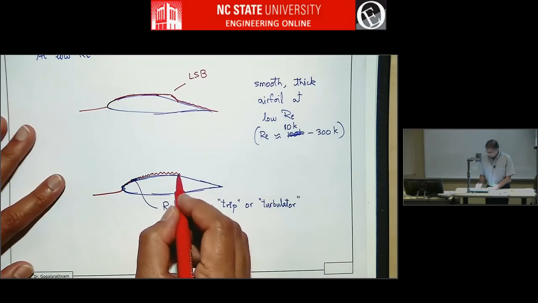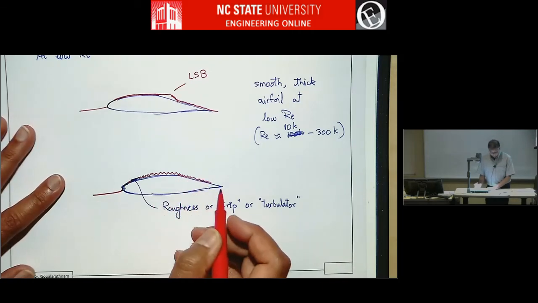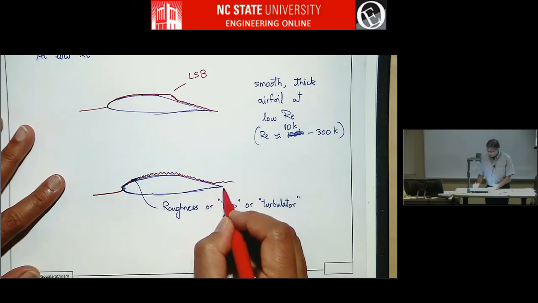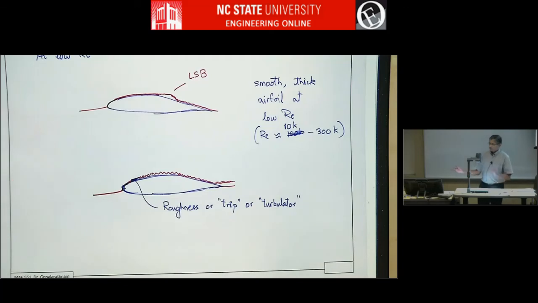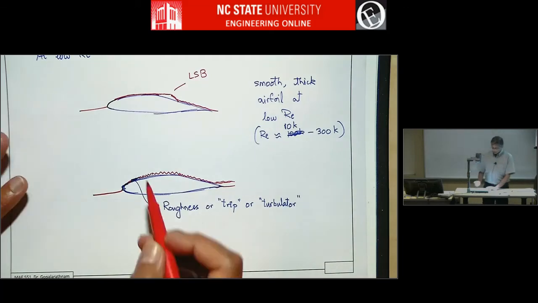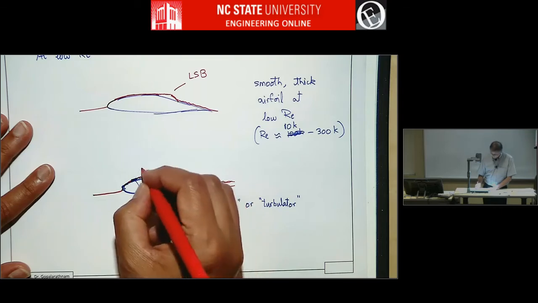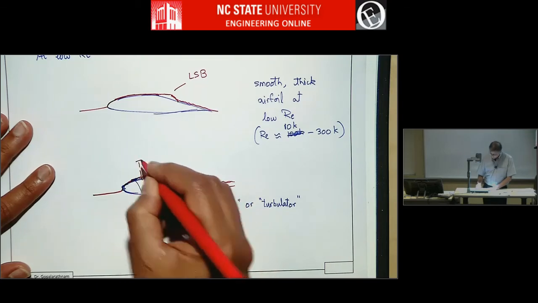It will stay attached, and it might form a wake. It might separate a little bit early or not, depending on the situation, but at least the laminar separation bubble is avoided. So transition may be occurring here, for example.